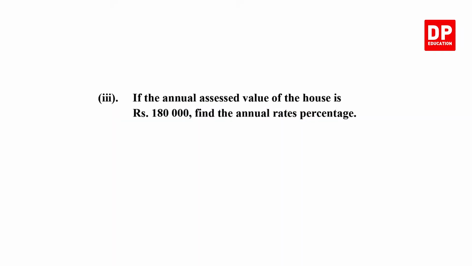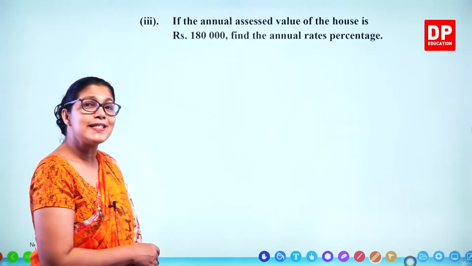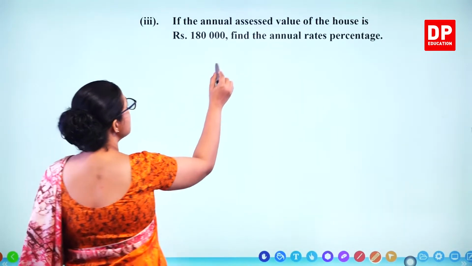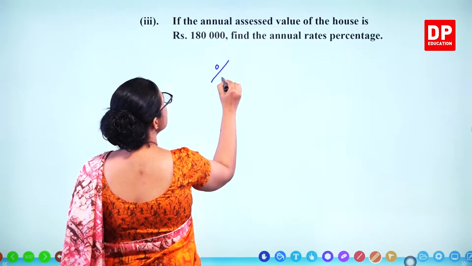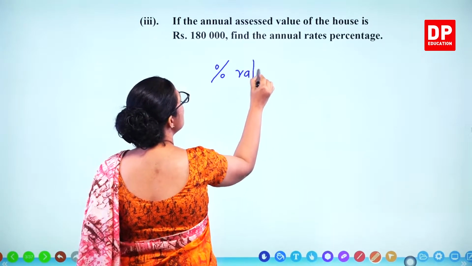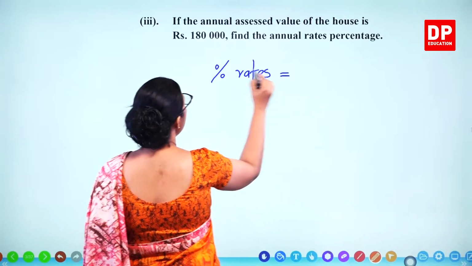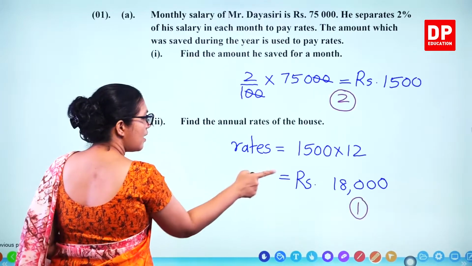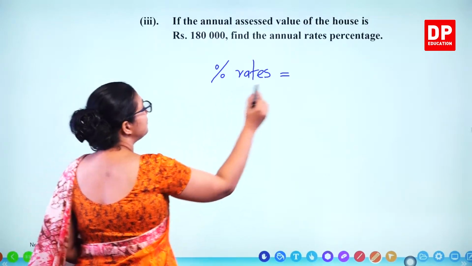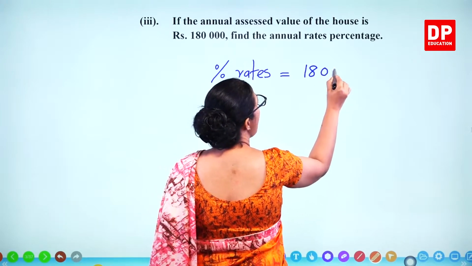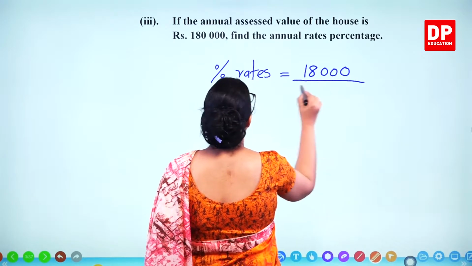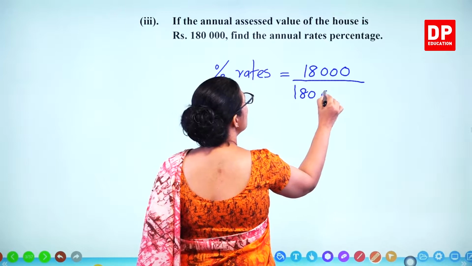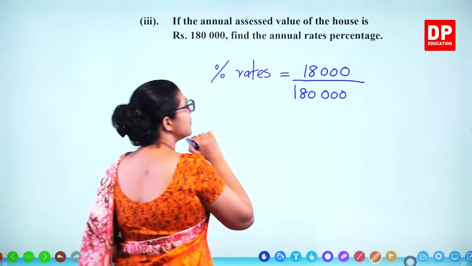Part 3. If the annual assessed value of the house is 180,000 rupees, find the annual rates percentage. So percentage rates is equal to, so you are paying 18,000 per year as rates for 180,000 rupees assessed value.